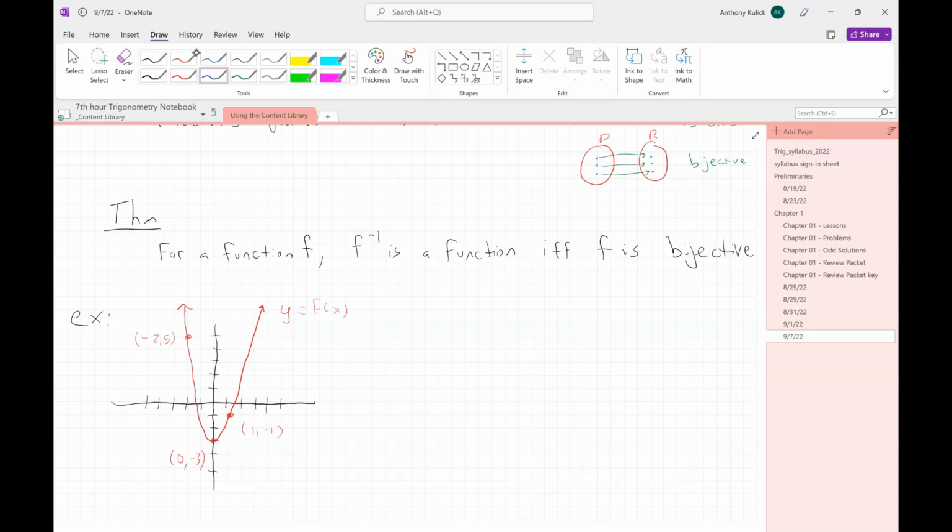Okay. What am I going to do? Well, I'm going to take the ordered pairs that I'm given, flip the x and y coordinates, and plot those. So (-2, 5), I'm going to plot (5, -2). (0, -3), I'm going to plot (-3, 0). And (1, -1), I'm going to plot (-1, 1).